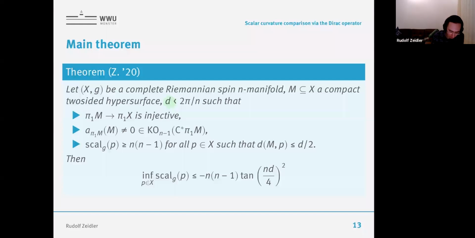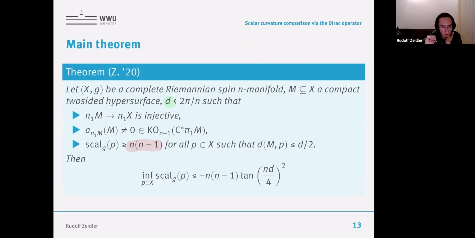And I assume that the scalar curvature is bounded below by our favorite constant n times n minus 1. And that happens, of course, not on the entire manifold X, but only in a neighborhood of M, so all the points such that the distance to M is at most d over 2. Or in other words, it's a neighborhood of width d.